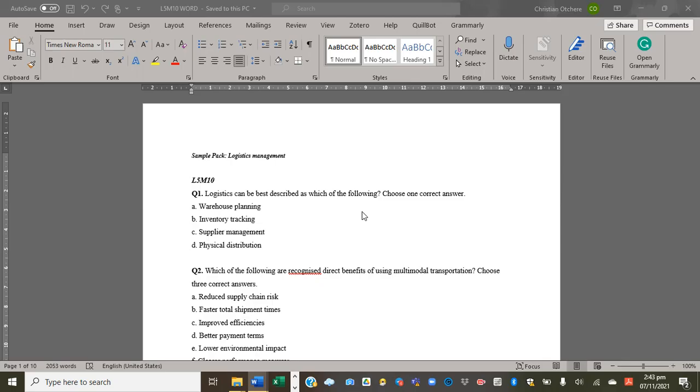Yes, when you look at the elements of inventory, logistics management, we have inventory management, not inventory tracking. We don't have supplier management, and we don't have physical distribution, but we have an element of warehousing. So basically, I will go for warehouse planning as well. If you are using the swim tip as yes, then there's distribution, which is transportation.